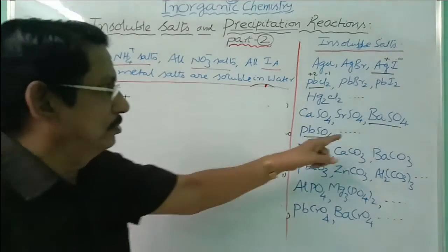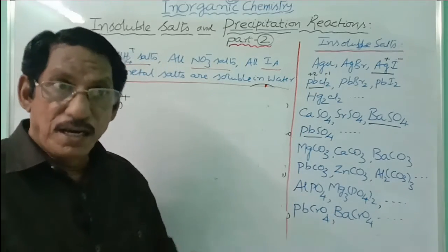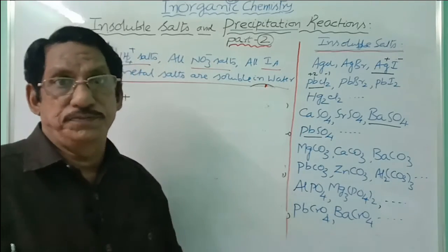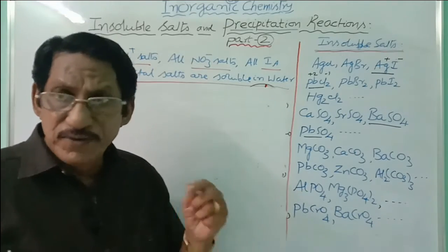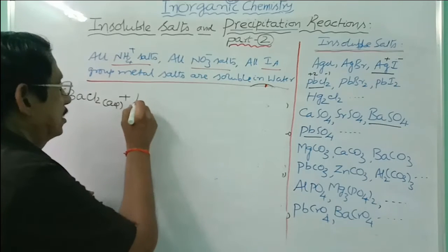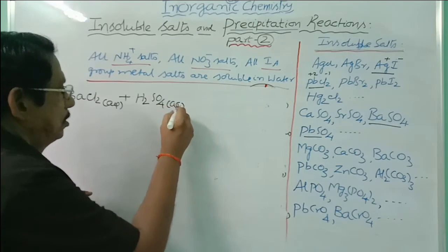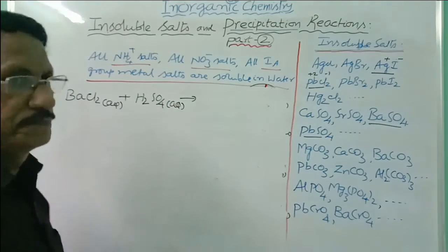To that we have to add a sulfate ion containing salt solution, or sometimes you can take an acid containing sulfate ion. Sulfate ion containing acid is sulfuric acid. So you can even take sulfuric acid for simplicity's sake, because it is also able to supply sulfate ions.